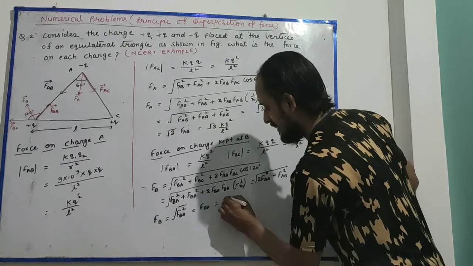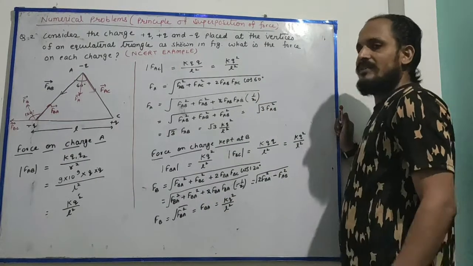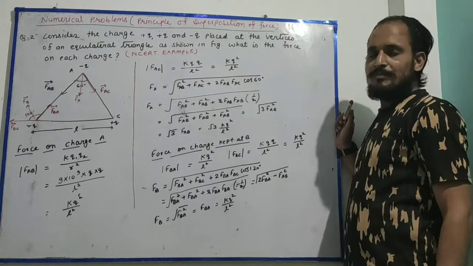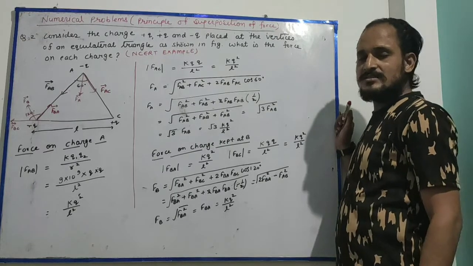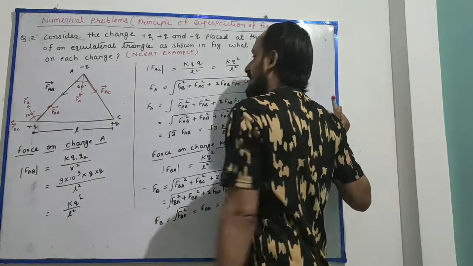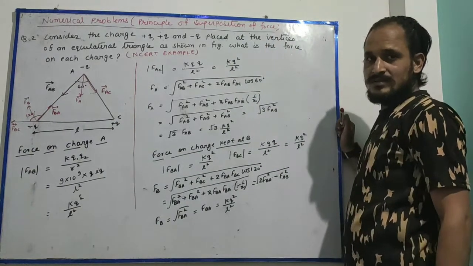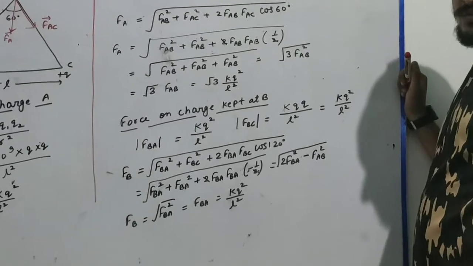It comes KQ square upon L square. Same thing we discussed earlier in the previous question. I told you that if two forces have the same magnitude acting at a 120 degree angle, then their resultant comes equal to the magnitude of either force. Clear?